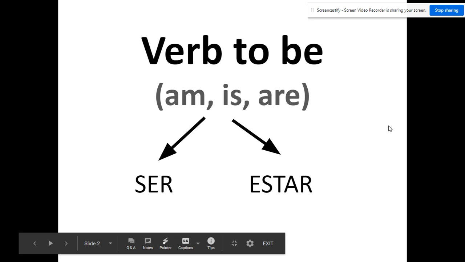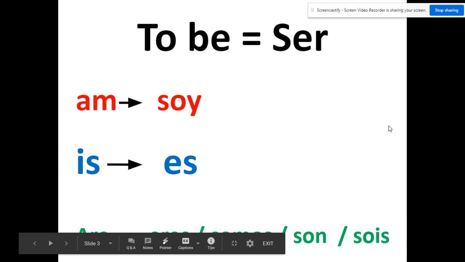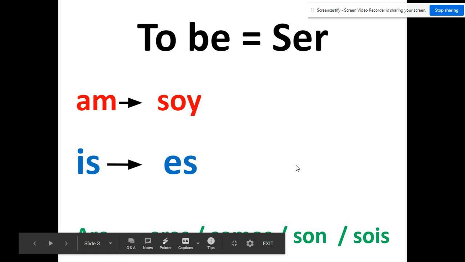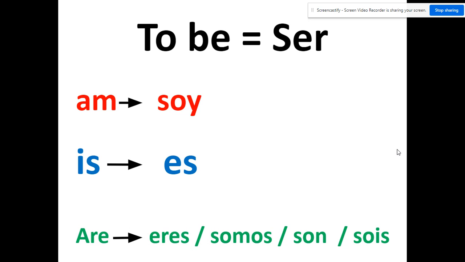I'll explain how it changes. Am is going to be always soy. Is going to be es. But are is the tricky one because it has many options. It could be eres, it could be somos, it could be son, or it could be sois. Okay?